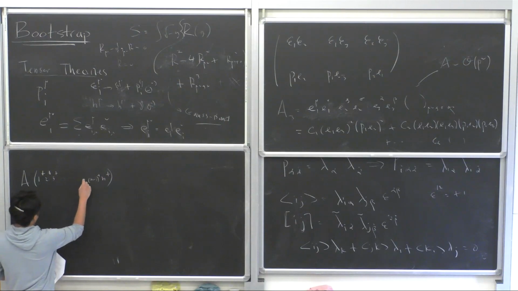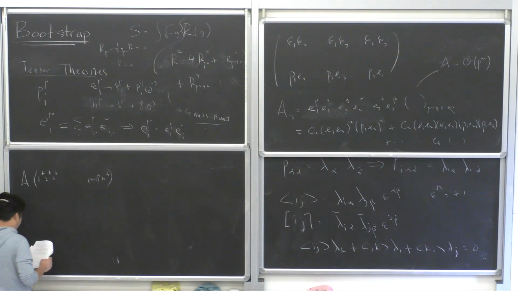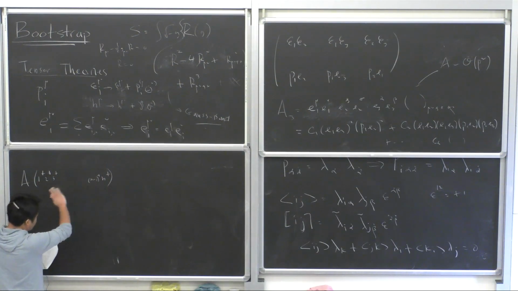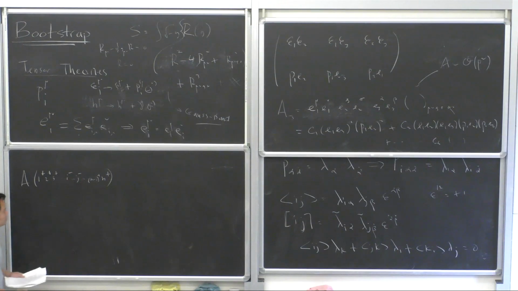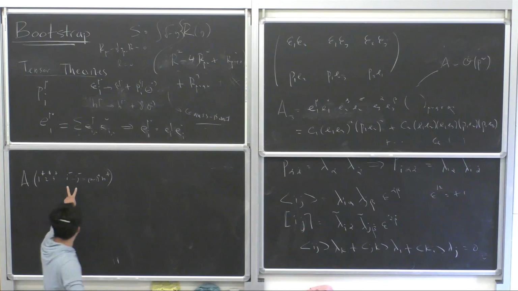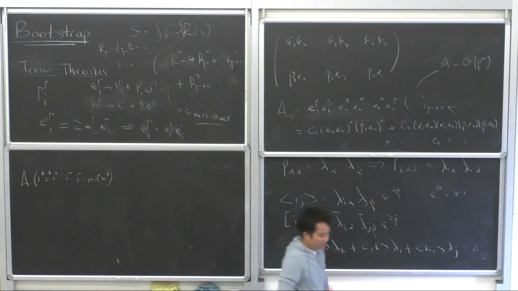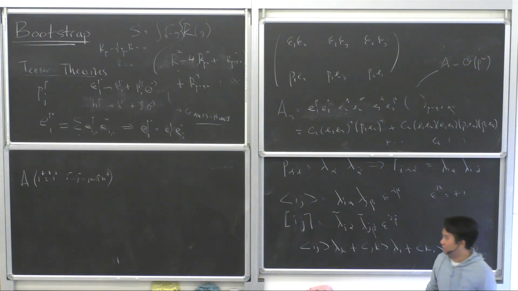In fact, everyone's plus except for 2 legs, which I'll call i and j, which are minus. So you imagine every single external leg has plus helicity, except for 2 legs, i and j, which have minus helicity.